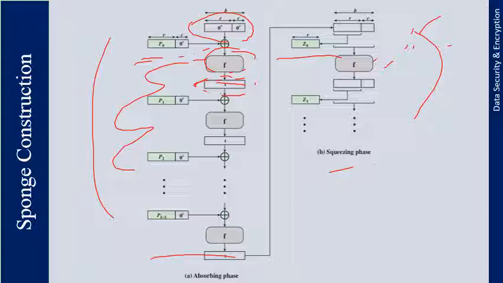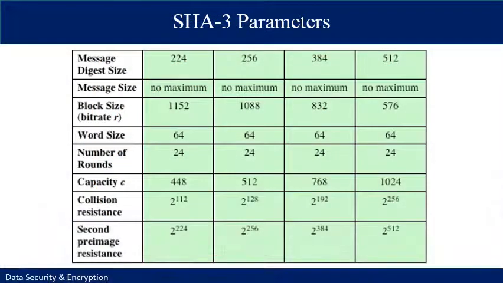At this point, the first bits of the concatenated blocks are returned in the vector Z. Before going into much of the detail, this table shows the supported values of bit rate r and capacity c. As the table shows, the hash function security associated with the sponge construction is a function of the capacity c.